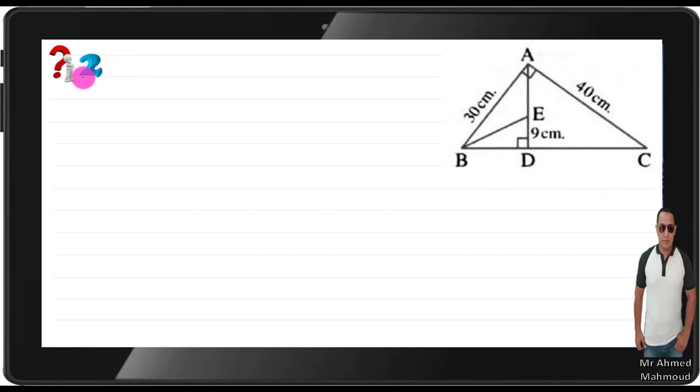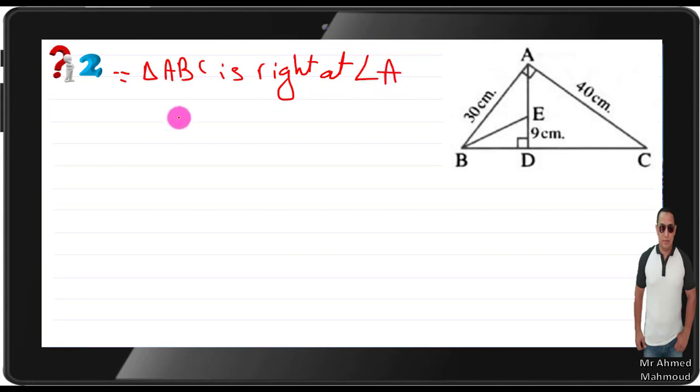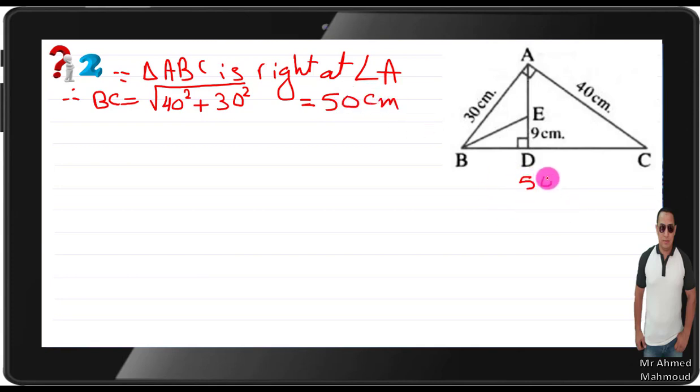Since triangle ABC is right at angle A, therefore BC equals the square root of 40 to the power of 2 plus 30 to the power of 2, side squared plus side squared, which equals 50 centimeters.